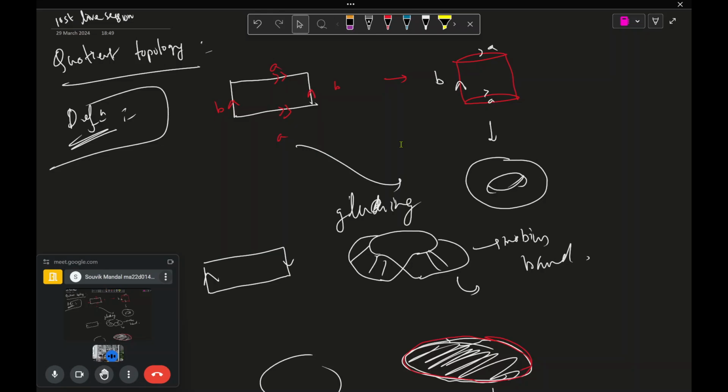the first example is a rectangle where we glue the vertical lines and glue the horizontal lines.